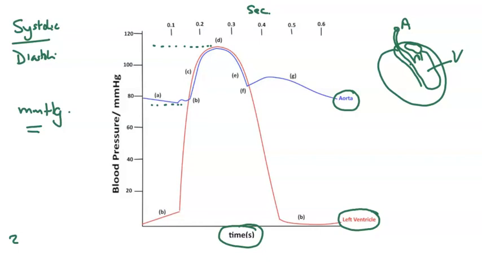So let me explain the shape of the graph. We're describing a contraction of the ventricle and the ejection of blood into the aorta. At A we have the aorta pressure, and this would represent the diastole, the diastolic pressure in the aorta when the heart is in a state of relaxation.